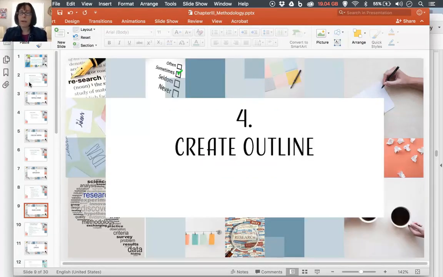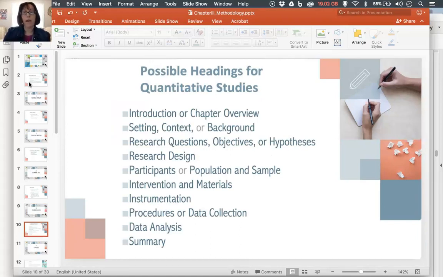But to help you write Chapter 3, I really want you to start by creating an outline. It's nice to know what possible headings you might need for a quantitative study. And so these are just the ones I want to focus on with you. I always like to set up Chapter 3 with an introduction, followed by maybe some settings or background or context to the study, if that's something that your committee members desire.